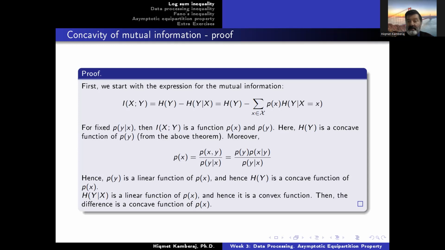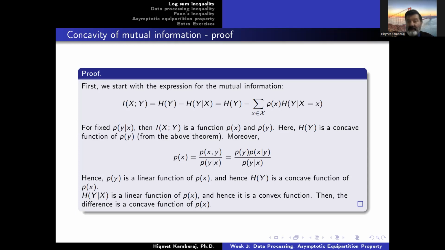Now for fixed P of y given x, the mutual information between x and y is a function of P of x and P of y, where H of P of y is a concave function of P of y because it is an entropy, and we showed this in the previous theorem.